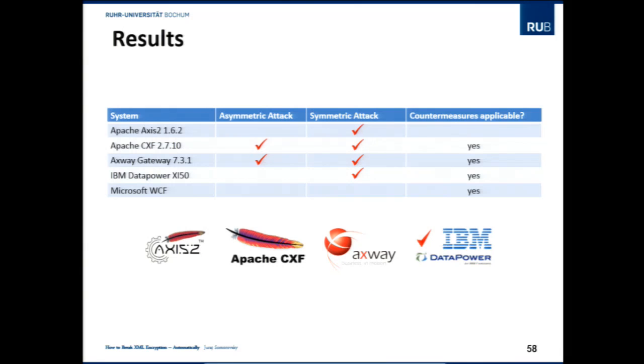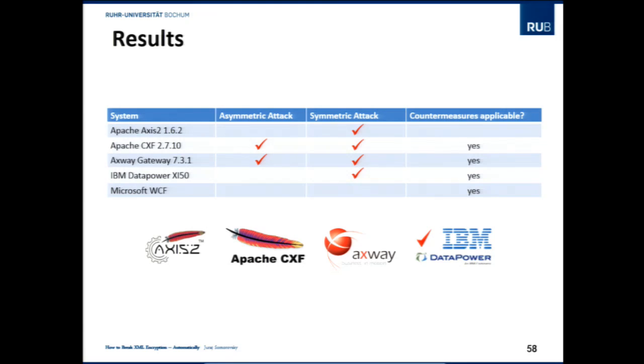decrypt the XML message. So what we did in our paper, we analyzed 5 servers and applications: Apache Axis2, Apache CXF, IBM DataPower, XFAY Gateway, and Microsoft, in their default configurations.